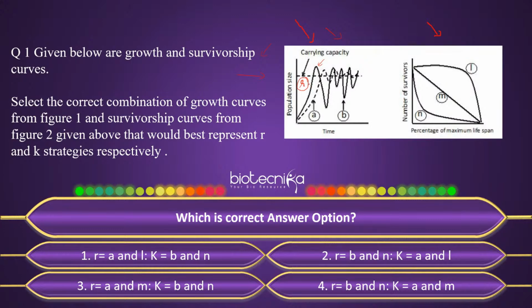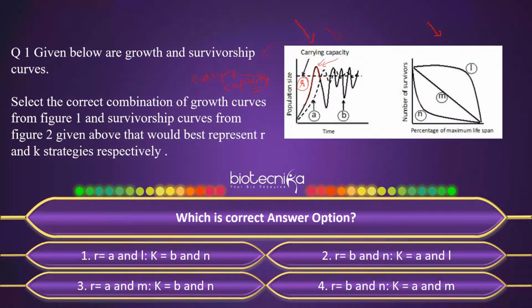And they will not obey the carrying capacity. I hope all of you know about the carrying capacity. The environment can sustain any population only to a limit. And that is followed and obeyed by the K-selected individuals, but not by the R-selected. So R-selected individuals will produce a huge number of offspring, and this is known as population boom.